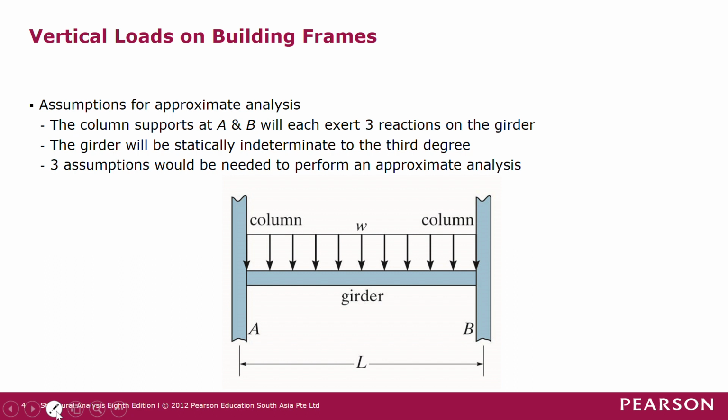What it means here is that if you want to analyze this girder, then we have to cut across the girder here and here and isolate the girder as a free body diagram for the analysis. So what we're going to get is something like this.